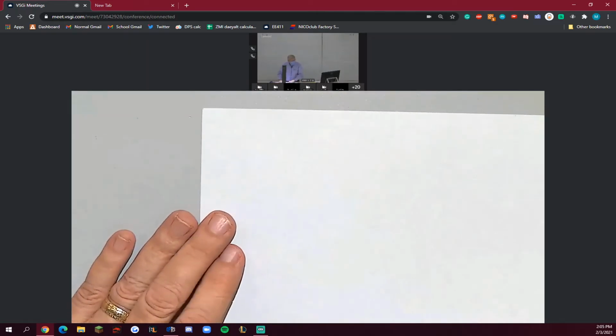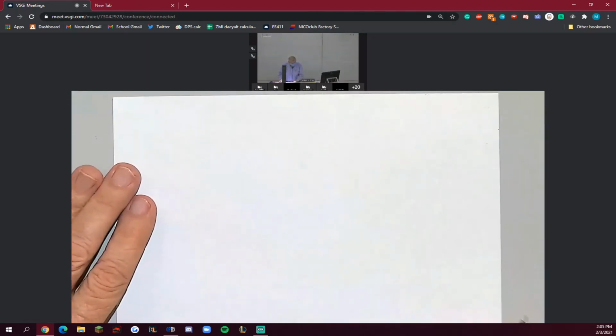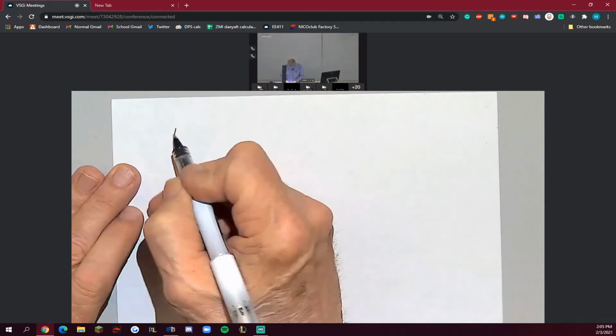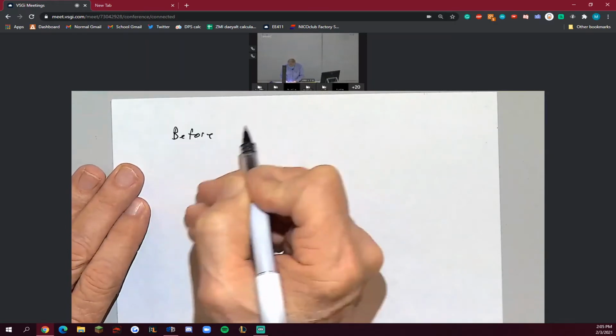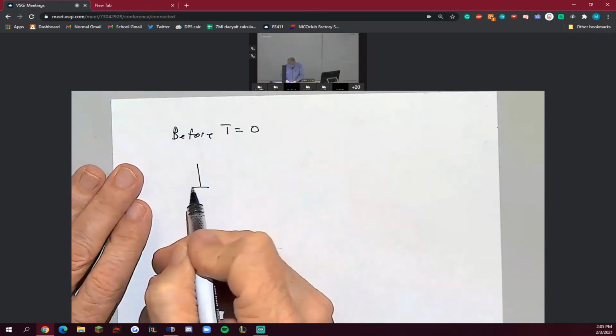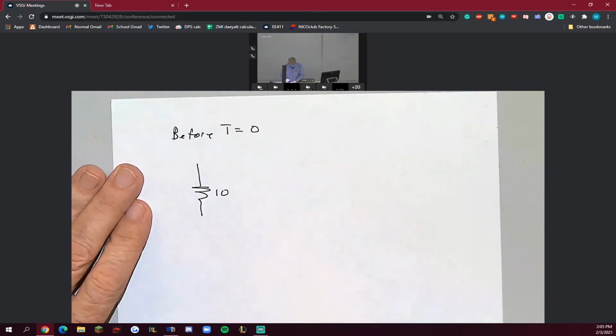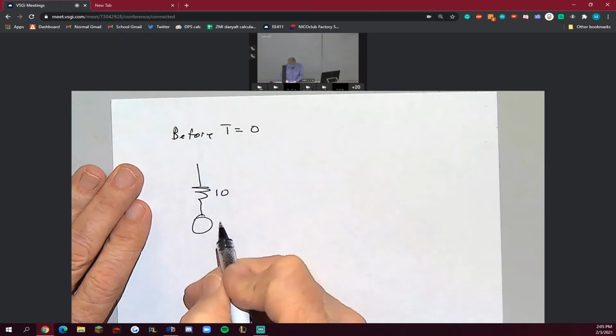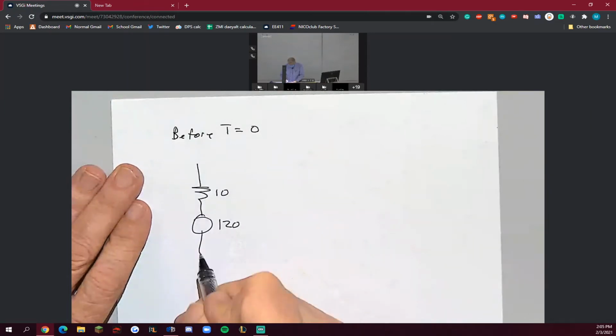Okay, so what's it look like before t equals 0? Before t equals 0, we've got 10 ohms, 120 volts.